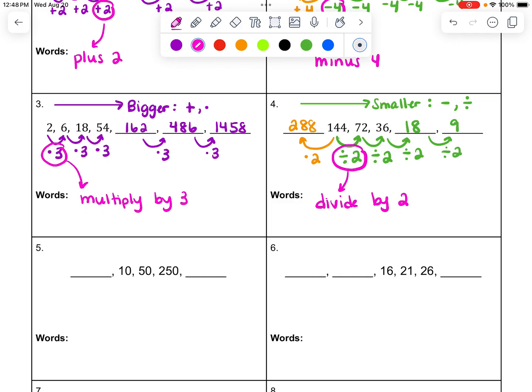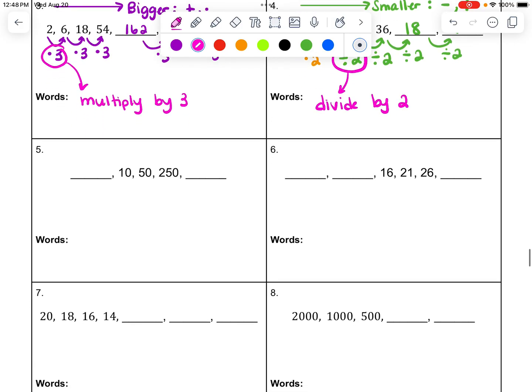For problem number 5, I'm noticing that my numbers are getting bigger. So that means the pattern is either plus or multiply. To go from 10 to 50, I multiply by 5. 50 to 250, multiply by 5.